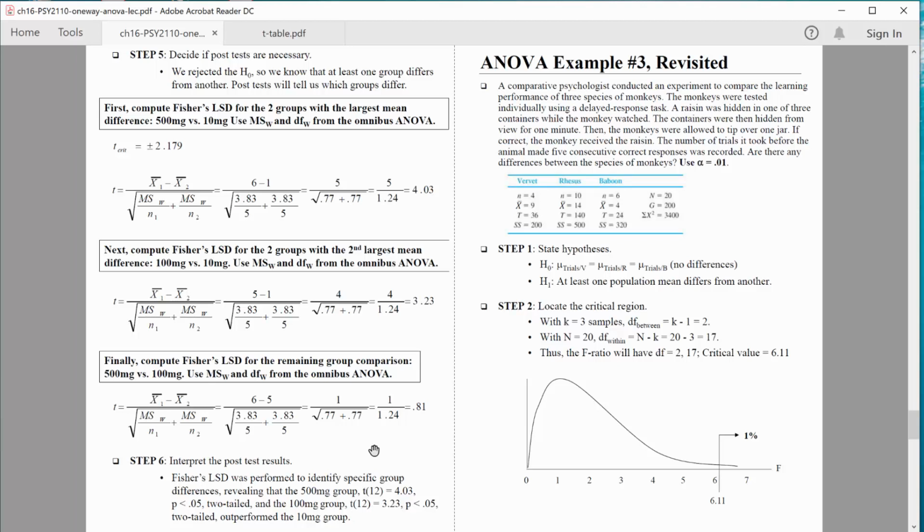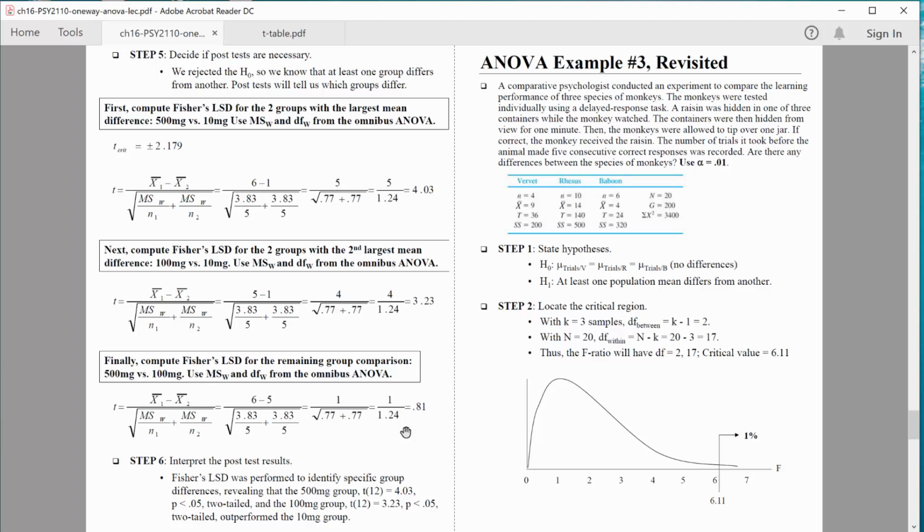When we were looking at the difference between the 100 milligram group and the 10 milligram group, we found a value of 3.23. So down here, I listed t with 12 degrees of freedom equals 3.23. That result was statistically significant as well, so we have p less than 0.05 based on a two-tailed test.